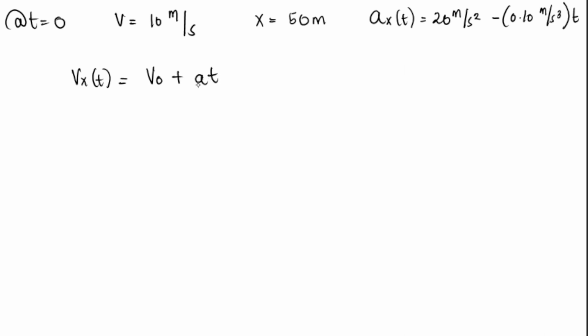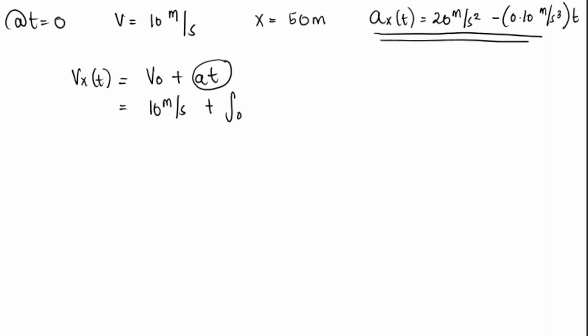So, v naught is 10 meters per second, and then we have to add and integrate this function from 0 to t of 2.0 meters per second squared minus 0.10 meters per second cubed times t with respect to dt.